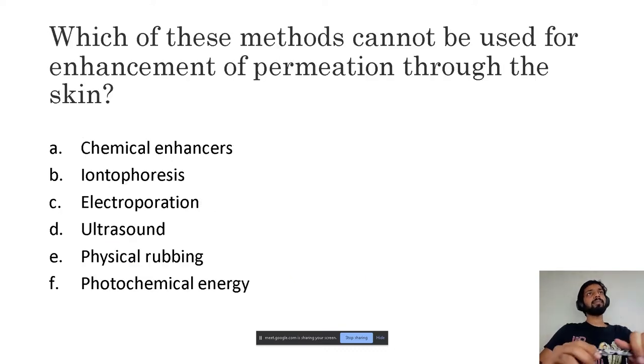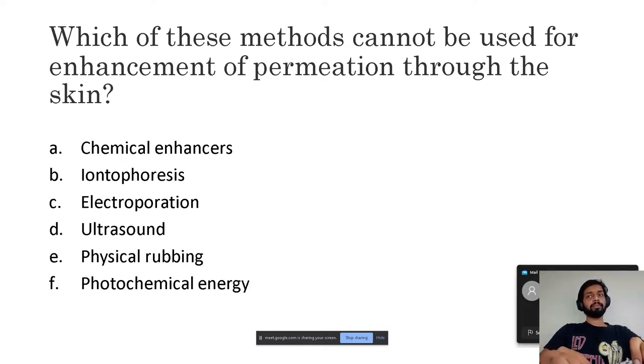Which of these methods cannot be used for enhancement of permeation through the skin? Chemical enhancers, iontophoresis, electroporation, ultrasound, physical rubbing, or photochemical energy? Physical rubbing. Okay. Any other thoughts?